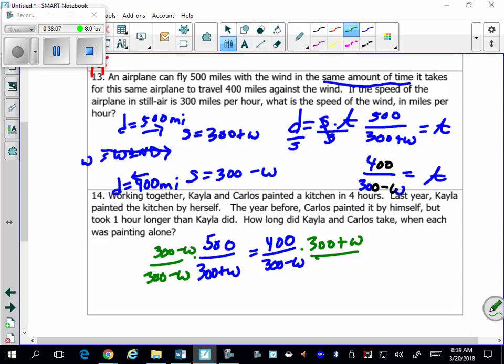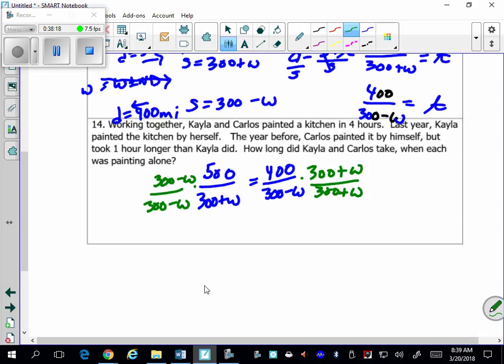You have 500 times 300. You can do this if you want to distribute, you can. I don't like to do too much in one step because then I tend to make more mistakes. Distribute now. 5 times 3 is 15 with 4 zeros.